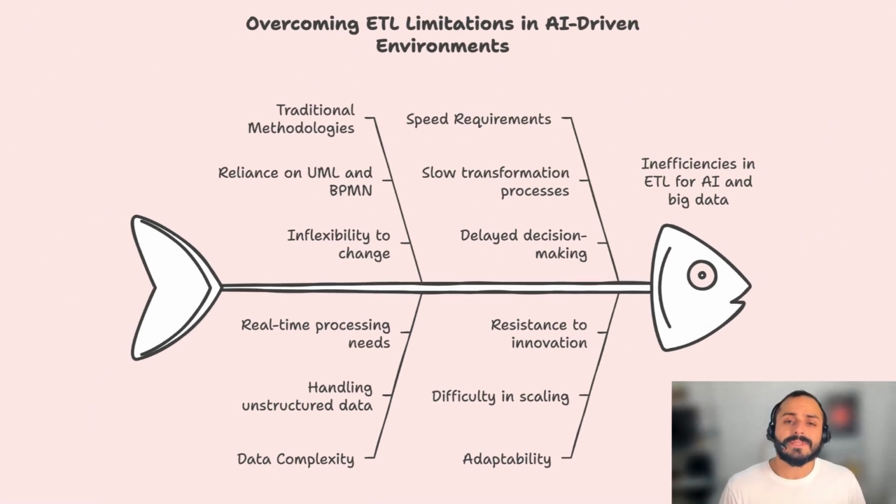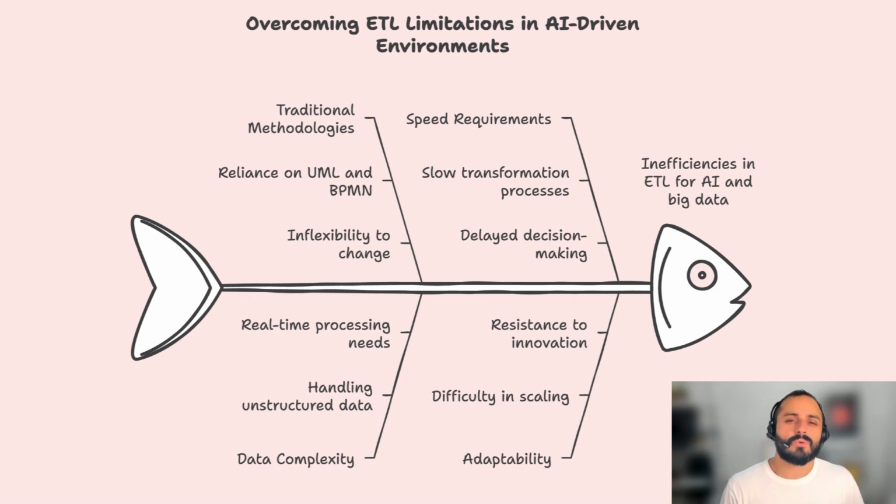For years, data engineers have relied on structured playbooks like UML, Unified Modeling Language, BPMN, Business Process Model and Notation, and ontology-based designs to keep data flowing in a predictable, step-by-step fashion.